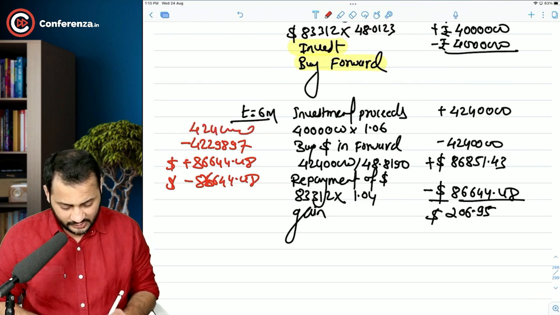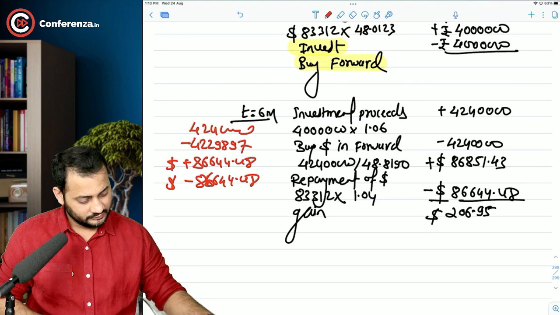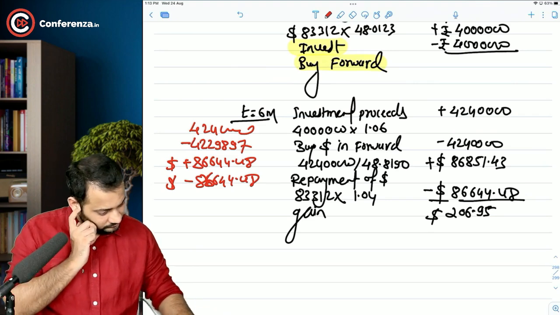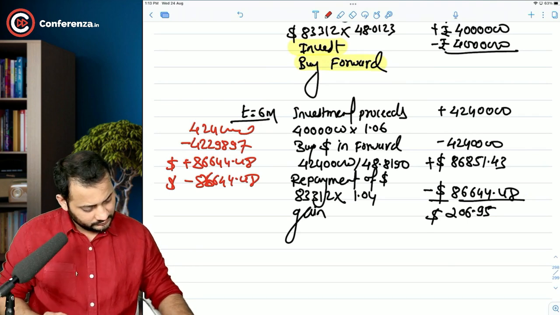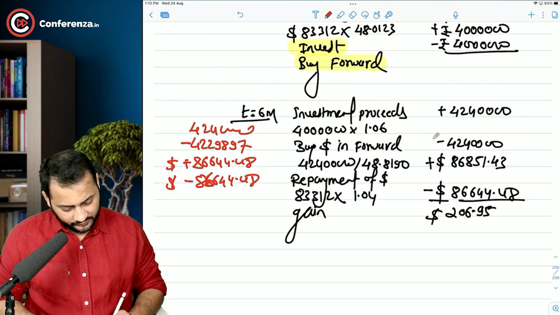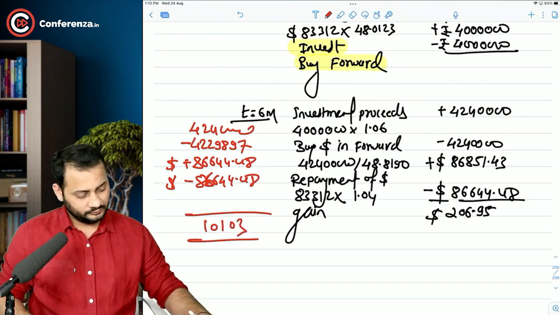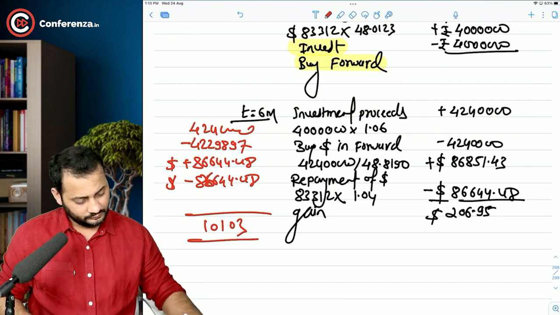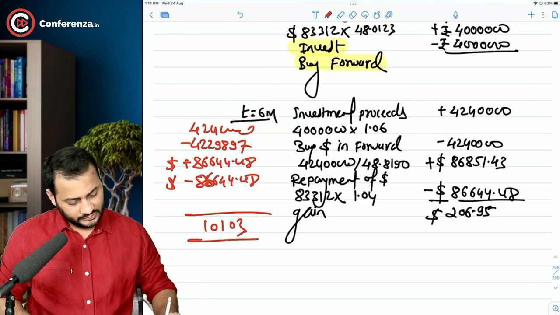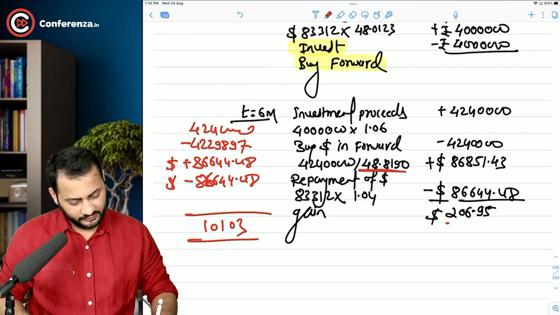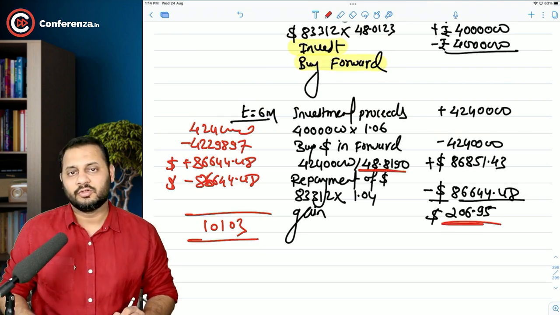lakh 40,000 minus 42 lakh 29,897. So I will be left with a profit of 10,103, which is exactly equal to 48.8190, this rate multiplied by the dollars.